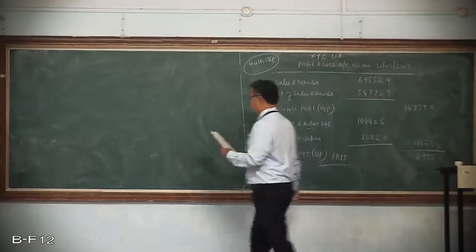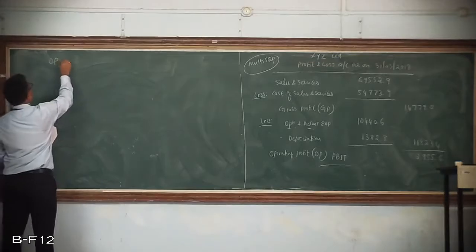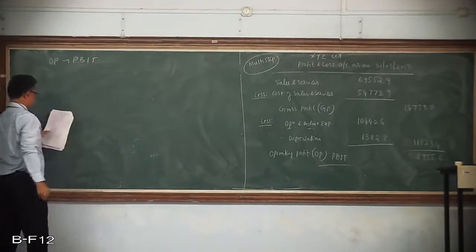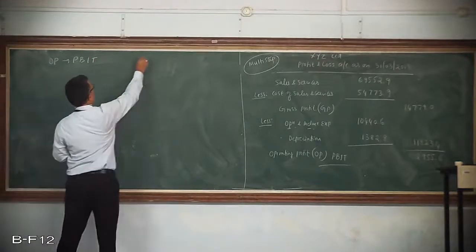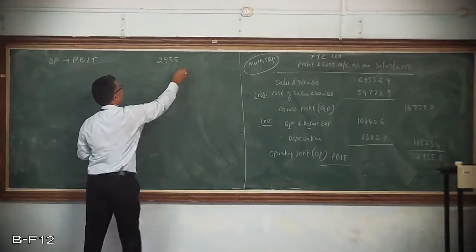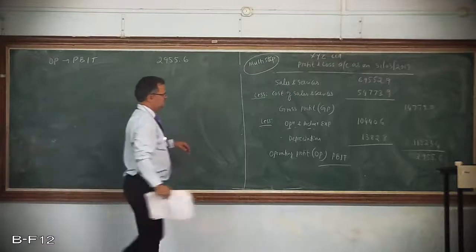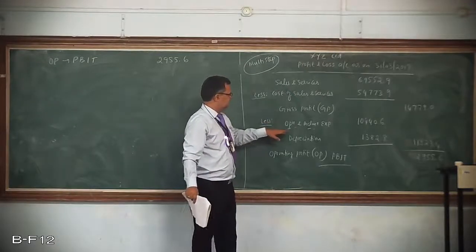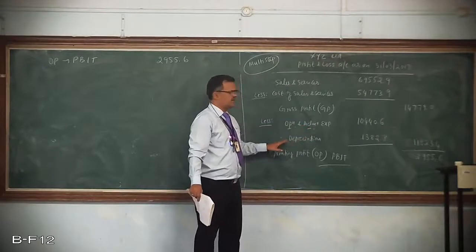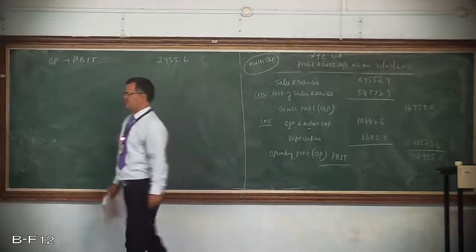That is OP, operating profit, also called PBIT. PBIT, that is 2955.6 lakhs. This is the value you got by subtracting the operating and admin expenses and depreciation. So you got profit before interest and tax.